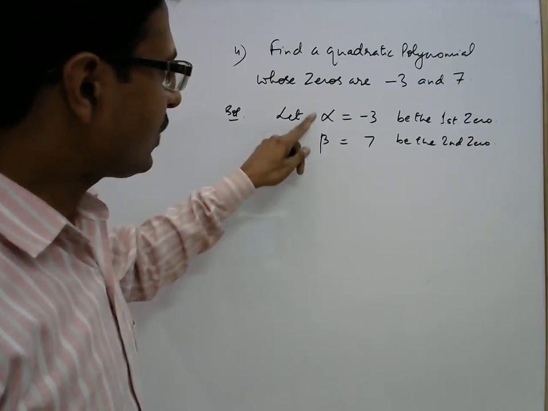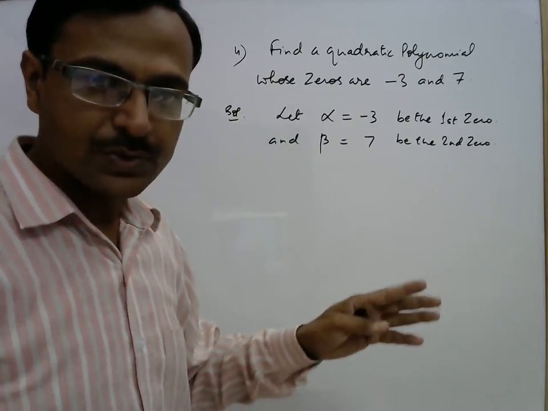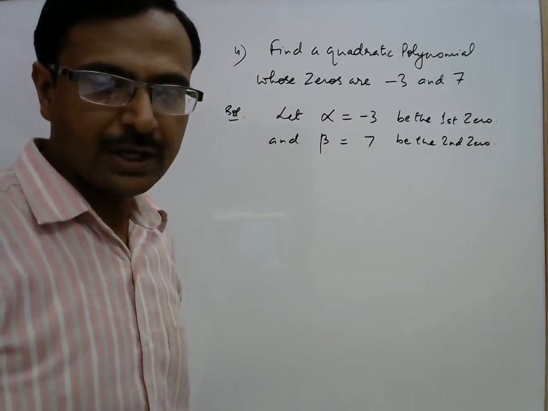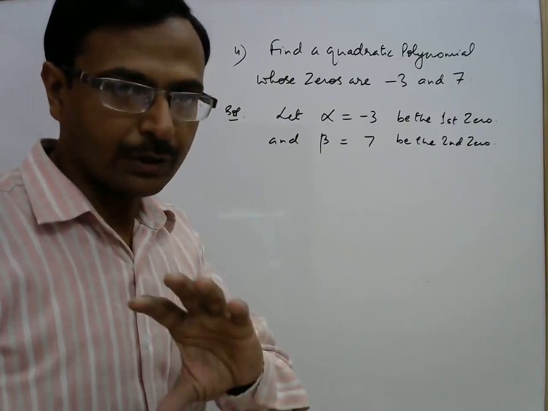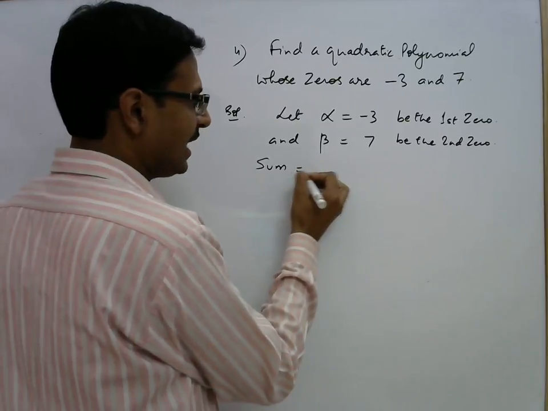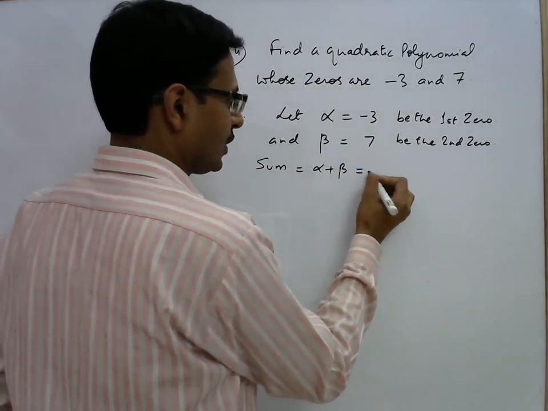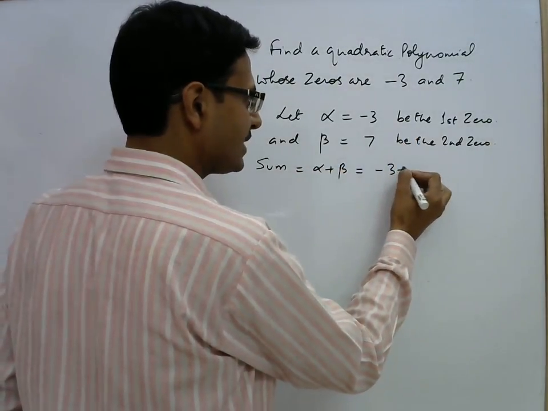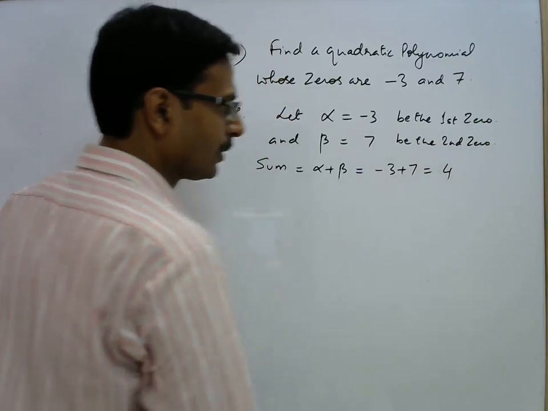So once you have alpha and beta, the two zeros, you know that the quadratic polynomial contains sum and product. So you have to find sum of zeros, that is alpha plus beta. So add the two zeros, -3 plus 7, this is 4.